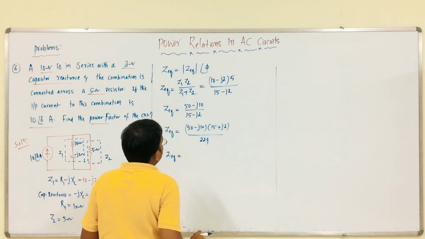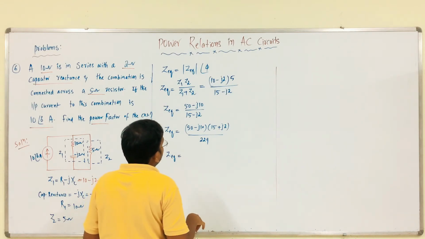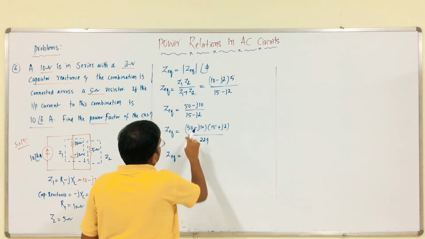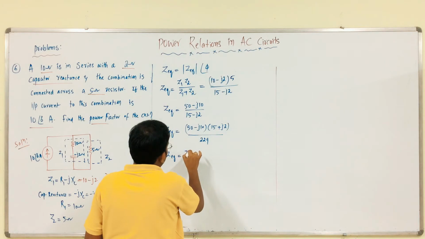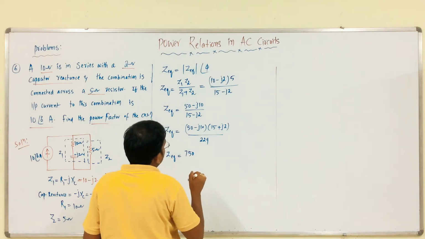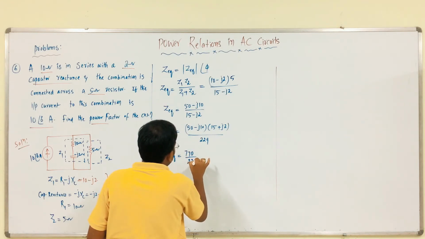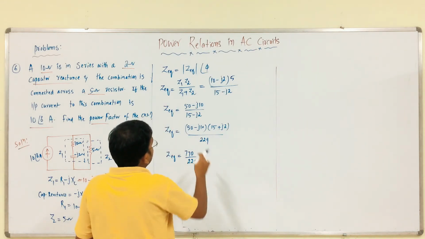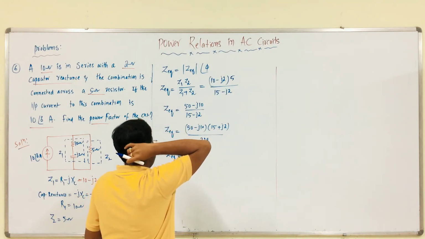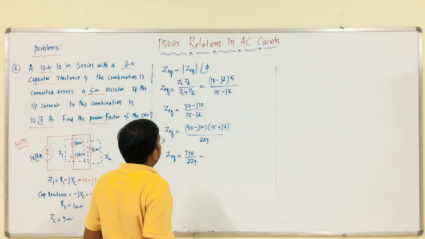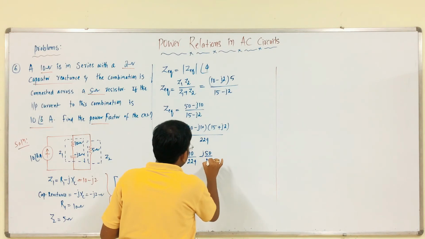Z equivalent: 750 plus 20, 770. We can get 770 by 229, minus j100 minus j50 by 229.